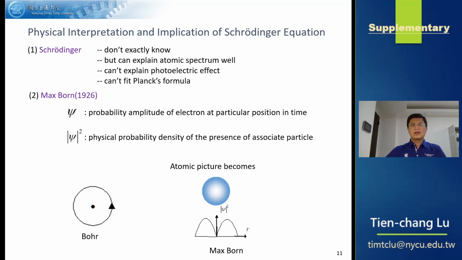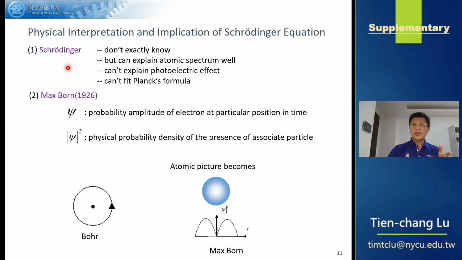So, in the following, once we know the origin of the Schrödinger equation, I'm going to give you some interpretations and implications of it. When Schrödinger proposed the equation, he actually did not exactly know its physical meaning.